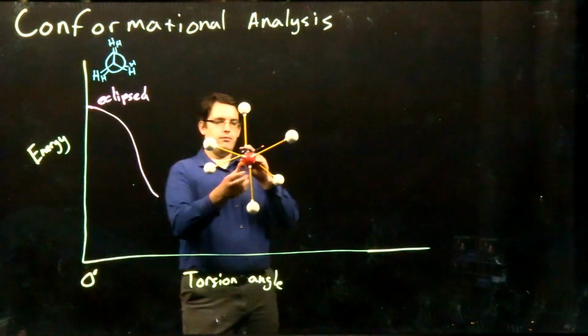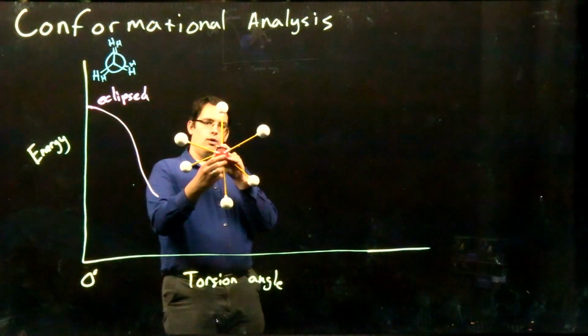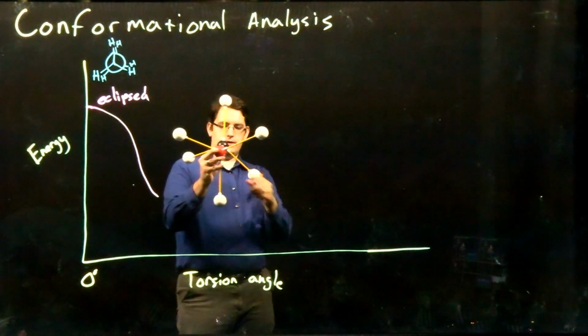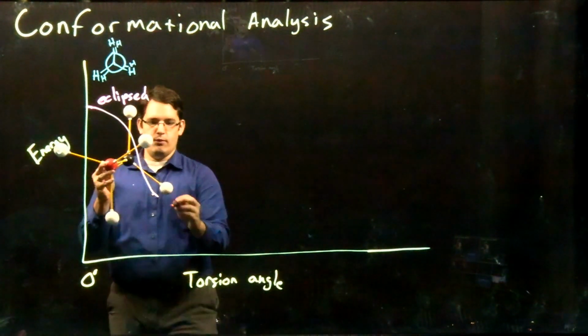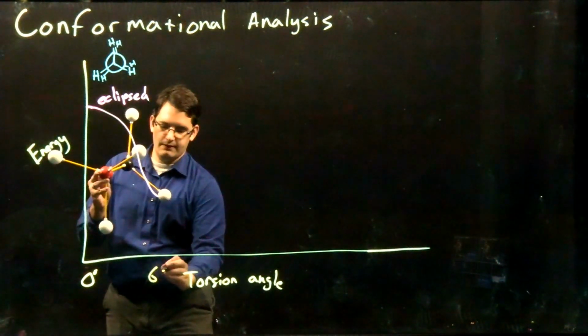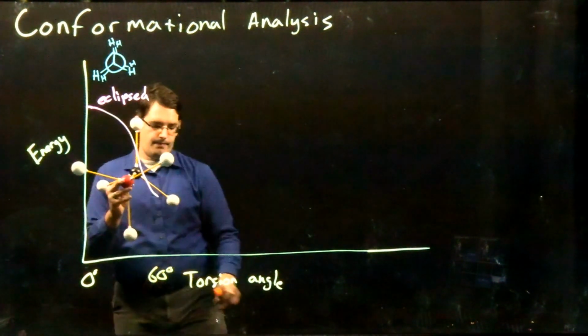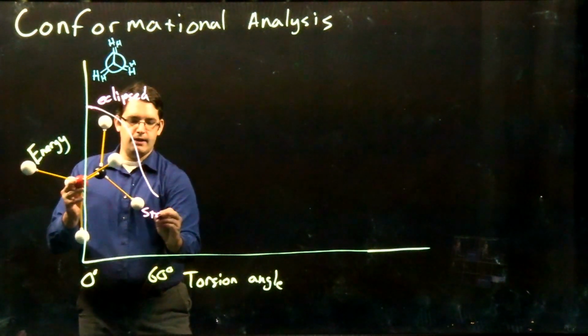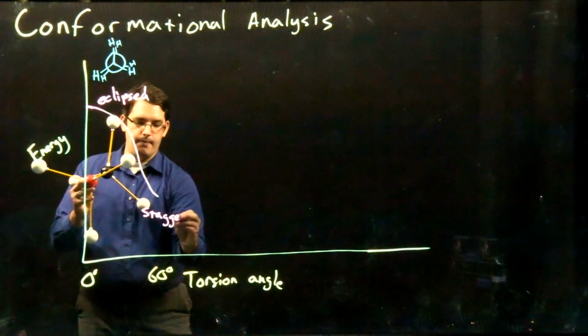So this occurred after I rotated it 1/3 of the way towards my full rotation of 180. So this is my 60-degree rotation. And I get to my low energy staggered conformation.